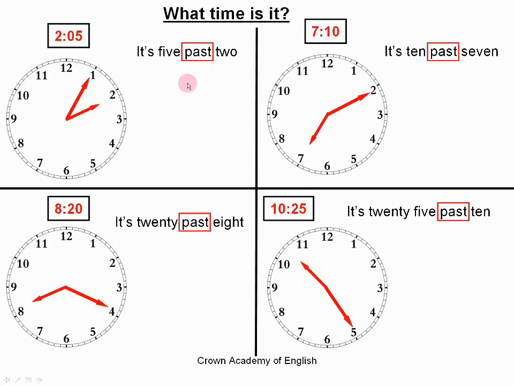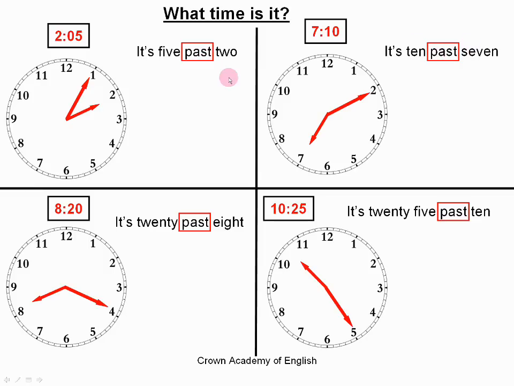Past. So the form is, we say 5, which is the number of minutes, then the word past, and then the hour. So 2 is the hour. Now past, this word means after. Okay, after.